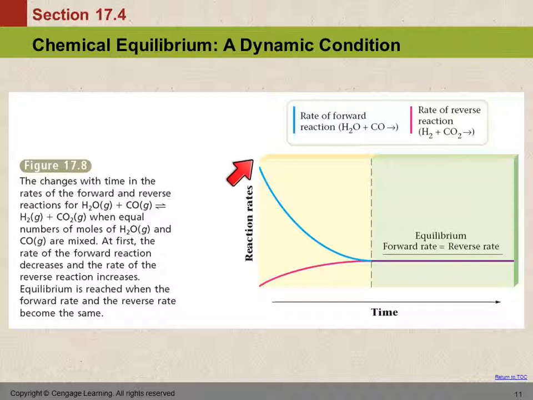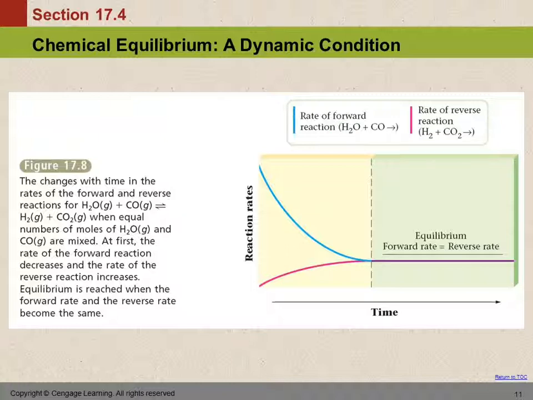And the concentration of the reactants, water and carbon monoxide, is the highest that it's going to be. As the forward reaction proceeds, the concentration of the reactants goes down. Does that make sense? Because when water reacts with carbon monoxide, it forms these, and now we have less water and less carbon monoxide. And the concentration of the reactants affects the rate.